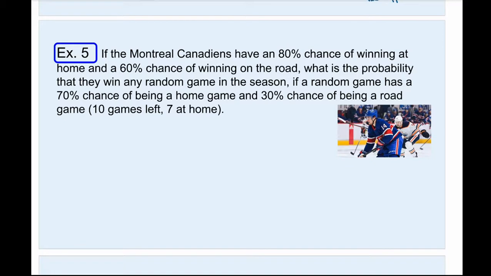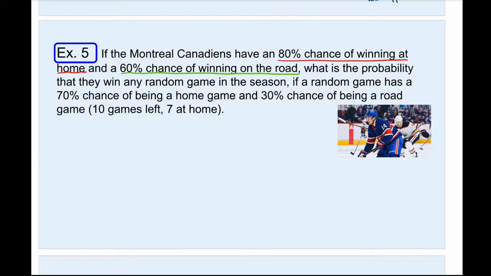So again, there's a lot to unpack in this question because there's a lot of information here. We see a lot of different percents, so it may be challenging to figure out what we have to do. Let's start by going through and just underlining some key things. If they have an 80% chance of winning at home, that's one probability. A 60% chance of winning on the road, that is another probability.